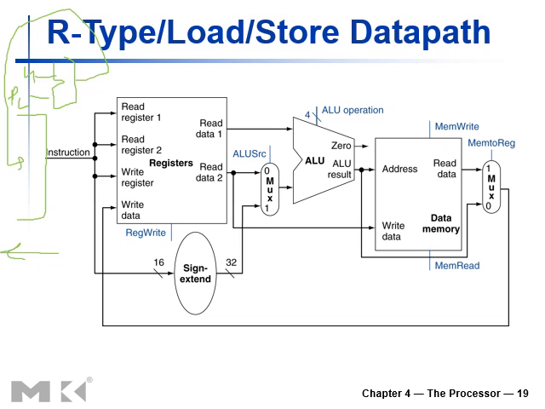For the R-type, loads and stores, we are using the register file to access the contents of the source and target registers, and later the destination register. Then we've got this ALU to perform the operation, this data memory for the loads and stores, and this multiplexer decides which data should be written to the register file.